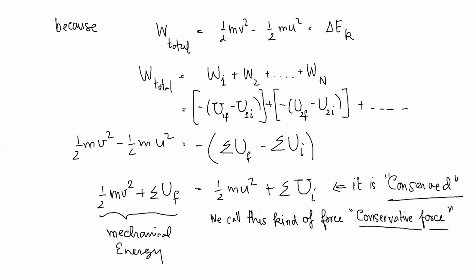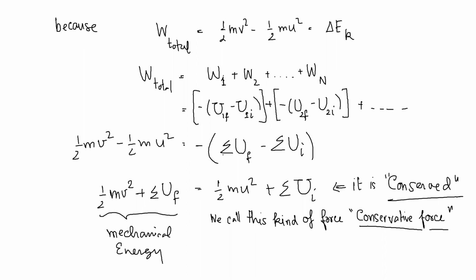So you name the kinetic energy plus all the potential energy to be the mechanical energy. And then it turns out that the mechanical energy of the system is conserved if the forces are all conservative forces.